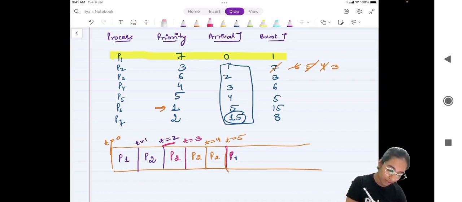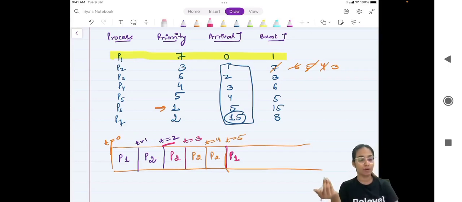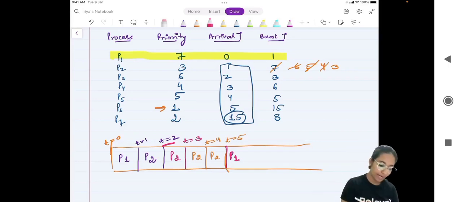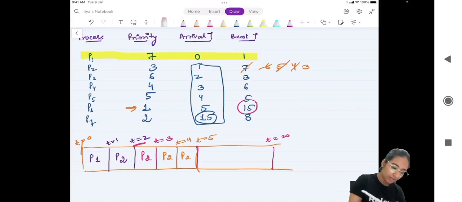So P1 comes at t equal to 5 as the higher priority process. No other higher priority process is there, so it will keep on executing. It starts at t equal to 5 and has a burst time of 15, so it will stop at t equal to 20. Until that time, the P1 process will keep on executing.